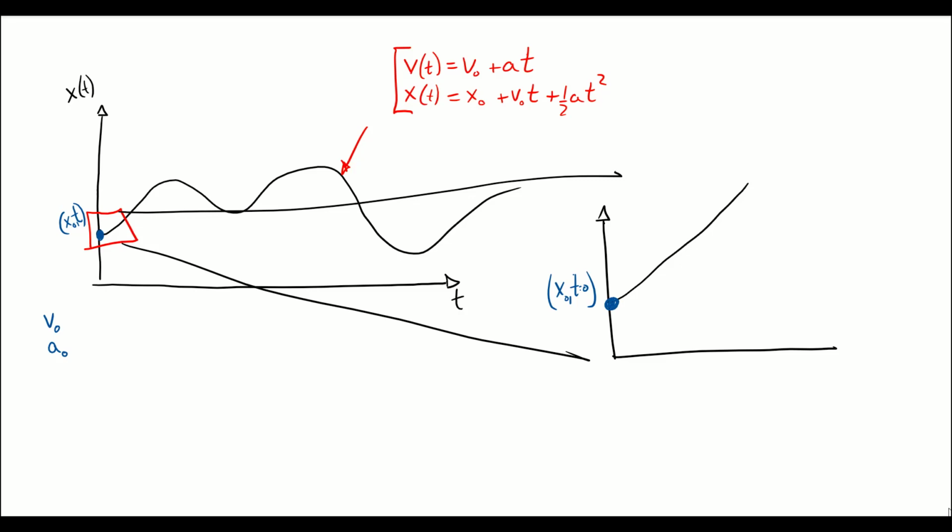Well, one of the things we can do is say, okay, we're going to look at some very small delta t. We're going to keep this very small, and provided this delta t is quote unquote small, these equations will work, because if we go from here to here, there isn't much change in the acceleration, the curvature of this function.